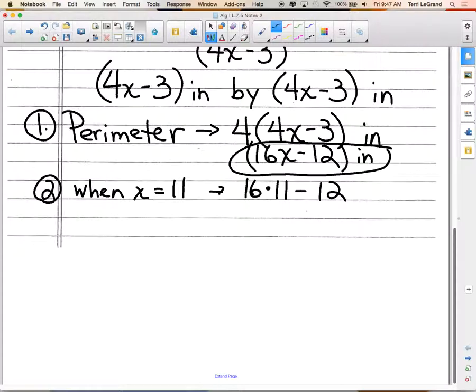We need another 16 though, so 160 plus 16 is? 176. And 176 take away 12, that's not too hard to do either. What is it? 164, and those are inches. So our perimeter is 164 inches when x equals 11.